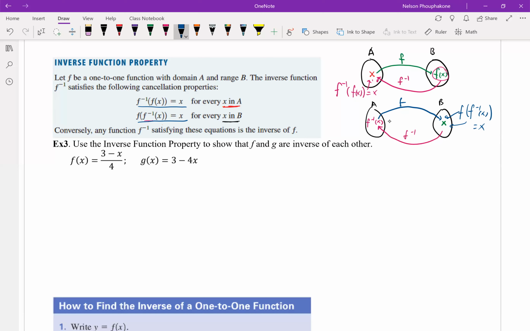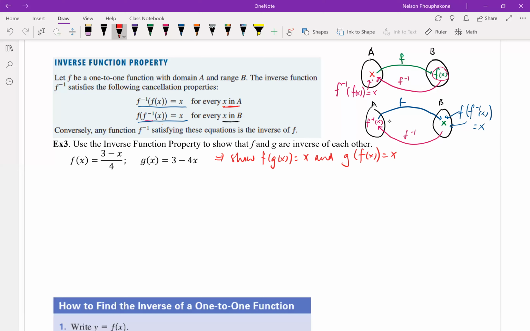Right now I would like to use the inverse function properties to show that f and g are inverses of each other. What does this mean? It means I would like to show for the two functions f and g that f of g of x equals x and g of f of x equals x.